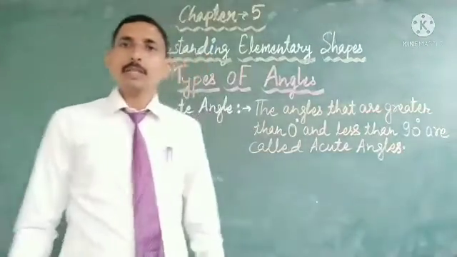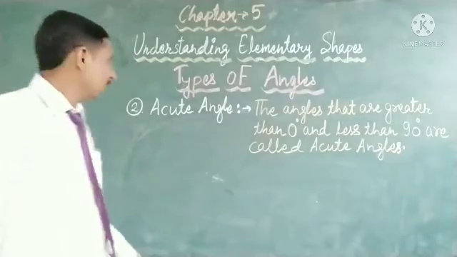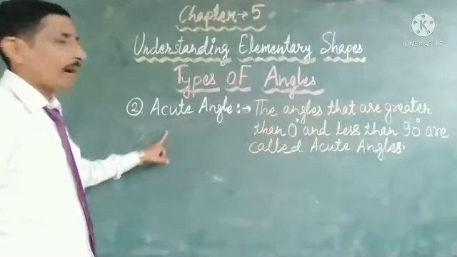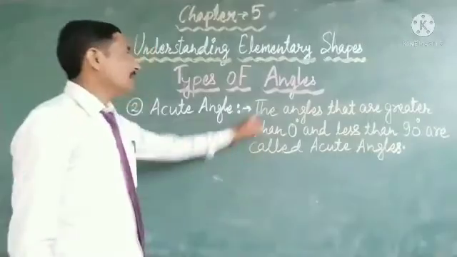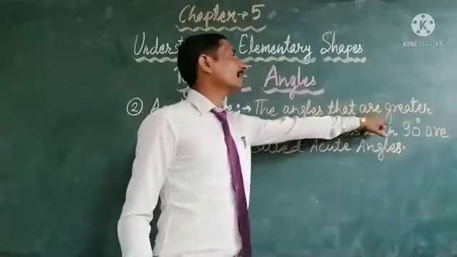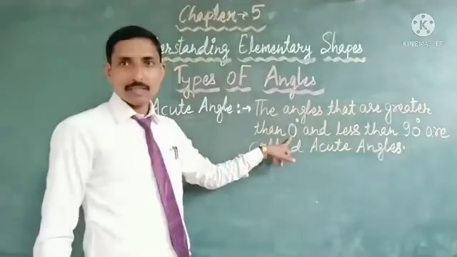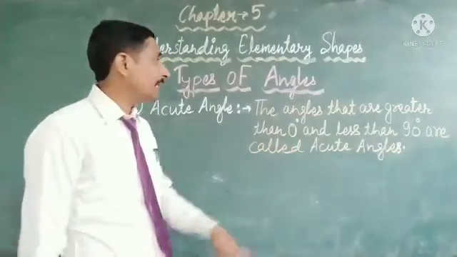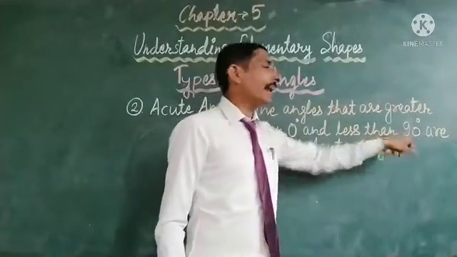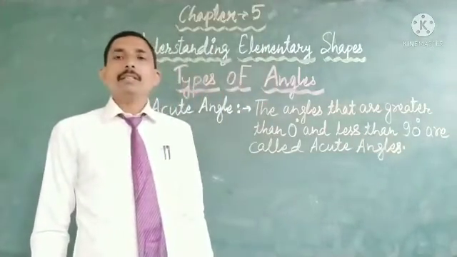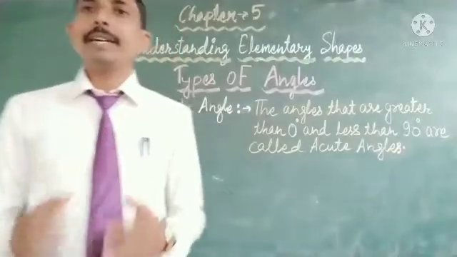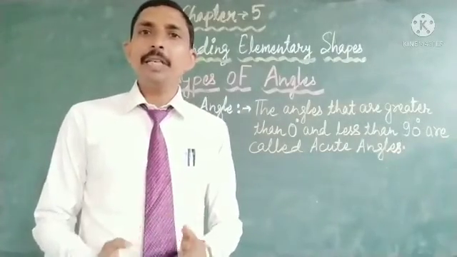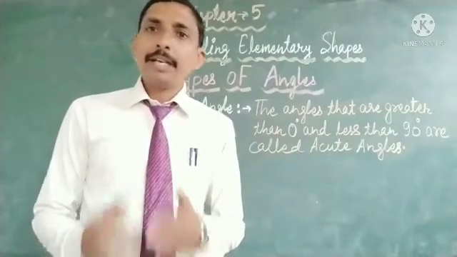Okay my dear students, now our second angle is acute angle. What do we mean by acute angle? The angles that are greater than 0 degree and less than 90 degree are called acute angle.